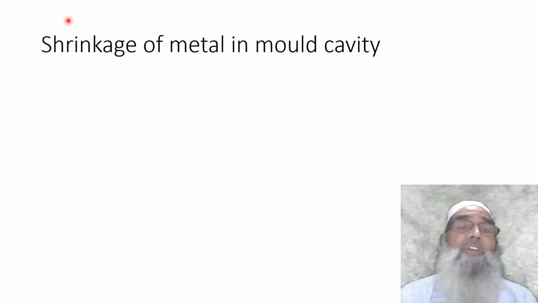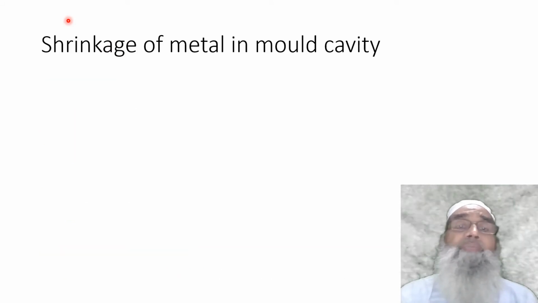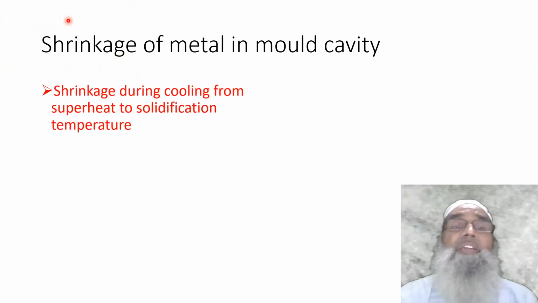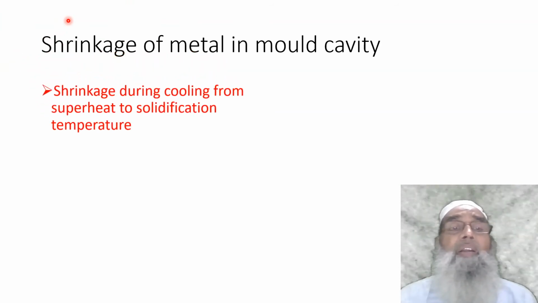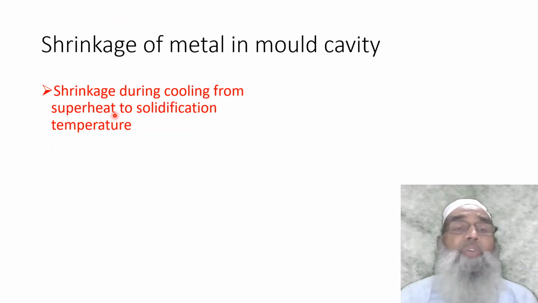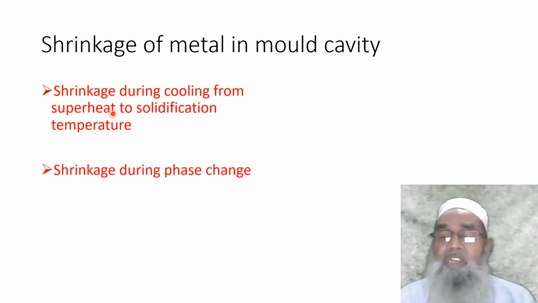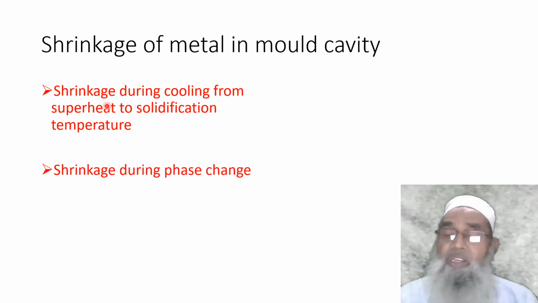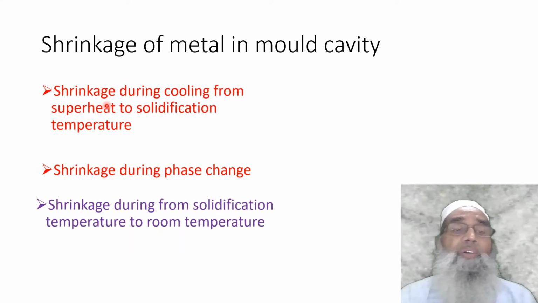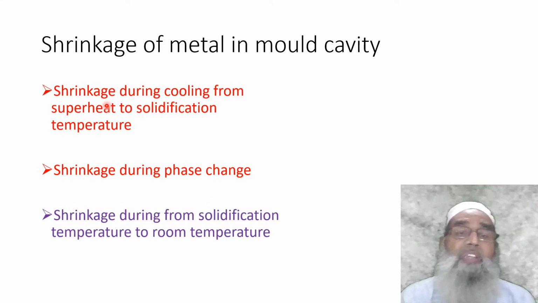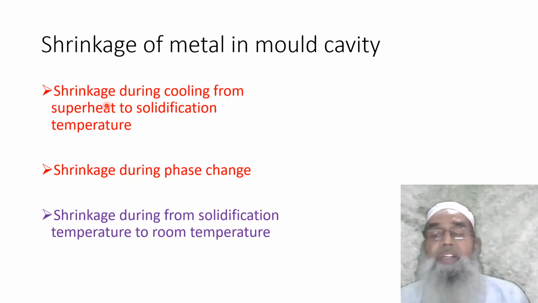That is the distortion allowance. Now, shrinkage of the metal in the mold cavity happens in stages. Number one is shrinkage during cooling from superheat to solidification temperature, then during the phase change there is again shrinkage, and also from solidification temperature to room temperature it shrinks again.